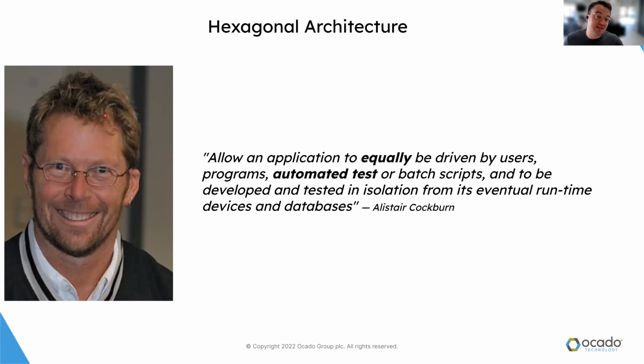And he says that he wants an architecture, an approach that allows an application to be equally driven by users, programs, automated tests, or whatever actor is running the application, right? The application needs to be tested in isolation from its eventual runtime devices and database. So this is the classical author's phrase.